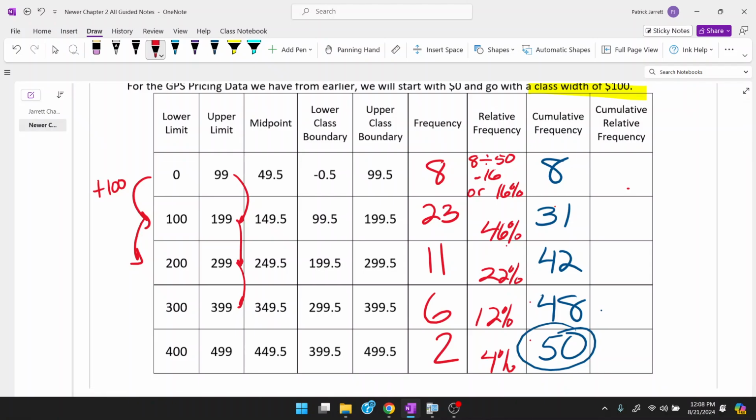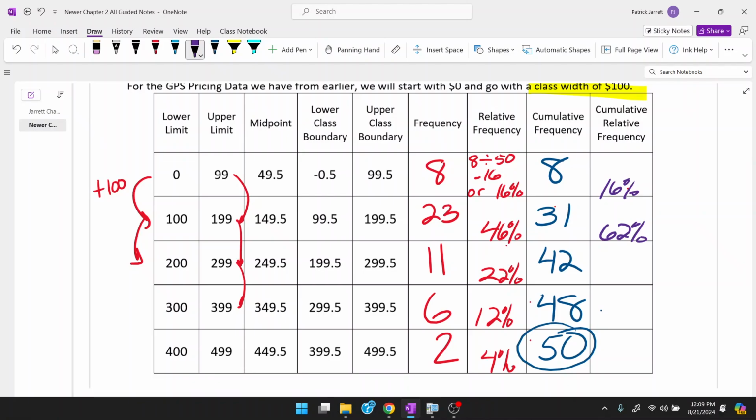Now, cumulative relative frequency. Relative frequency is basically percentage. So, if we did cumulative relative frequency, let's see, that's 8 over 50, that's still going to be 16%. Now, 31 out of 50 is what? 62%. But what is 16 plus 46?